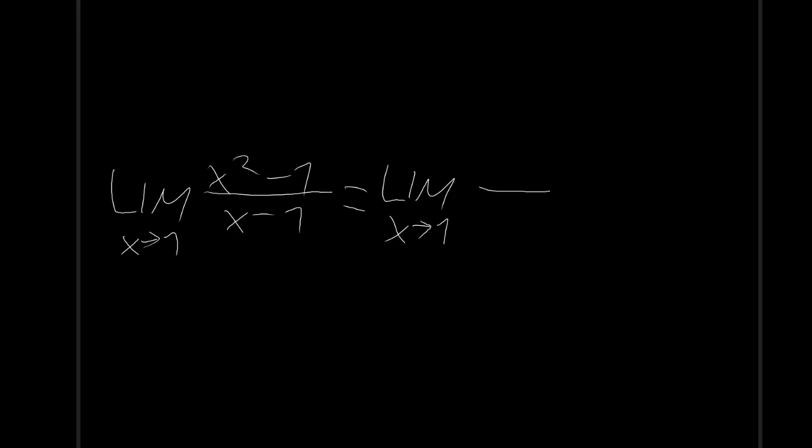The derivative of x squared minus 1: we ignore the constant, negative 1, and the derivative of x squared is 2x. Over the derivative of x minus 1: we ignore the constant, and the derivative of x is 1.